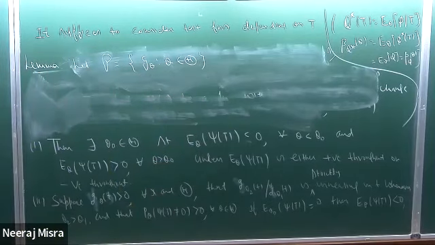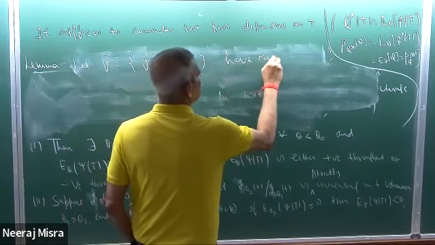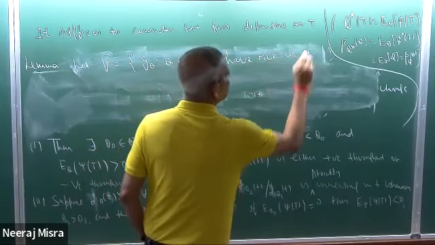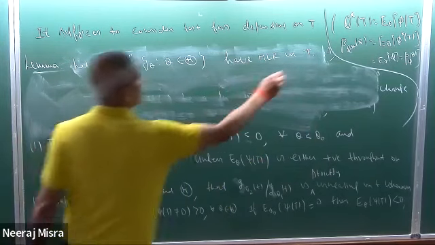Let this family have MLR in T, right? So that means g theta 2 t upon g theta 1 t is my this thing. For the time being, because I'll be dealing only with exponential families, let us talk about all of this where theta is a subset of R.